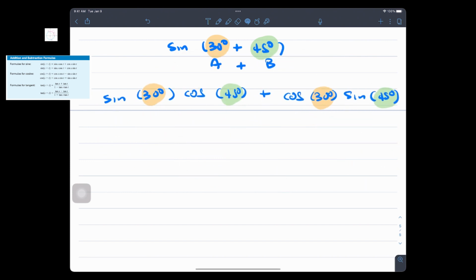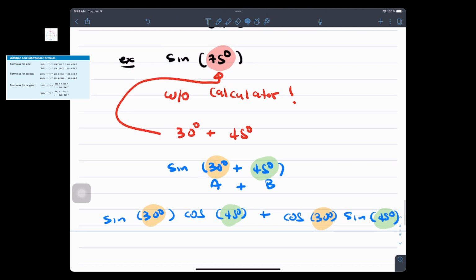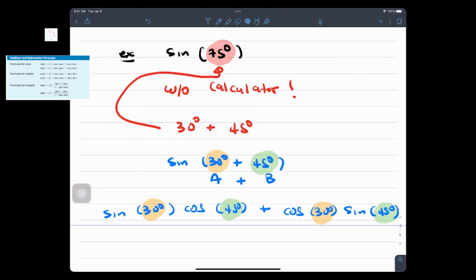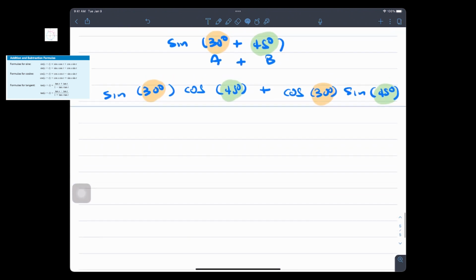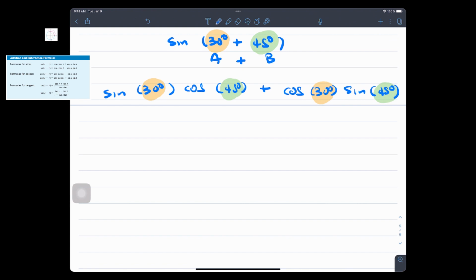And here's kind of what's expected, right? Didn't we start all this by exact values? Do you guys remember? We started everything with exact values. So what's expected is that you know what sine 30 and sine 45 degrees are. So go back to geometry. What happened in geometry? Don't you only have to know two triangles? Remember this.